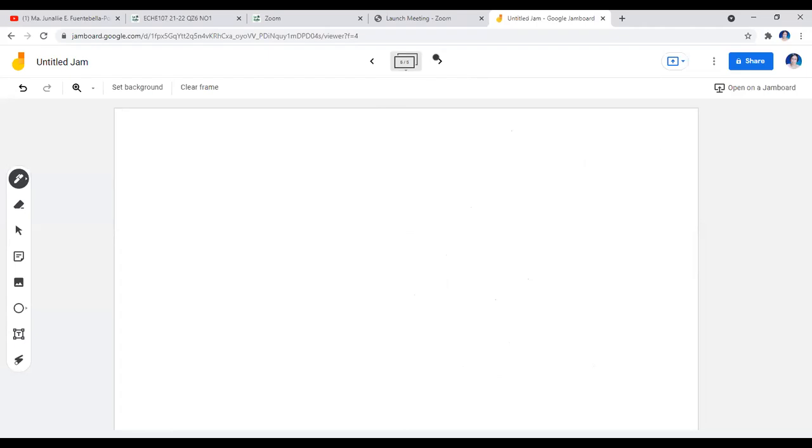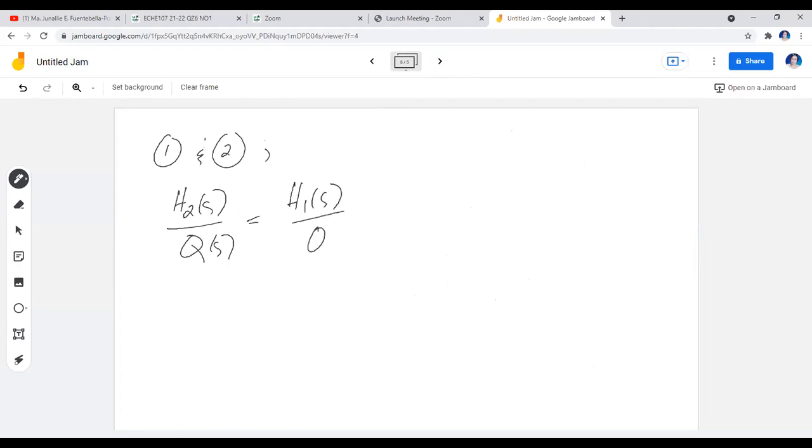So if you consider 1 and 2, with the goal of getting H2 of S over Q of S, our first transfer function is H sub 1 of S over Q of S. I'll go back to that later.